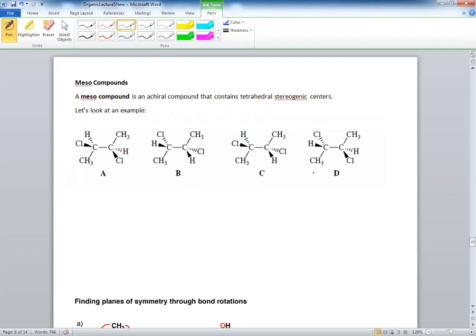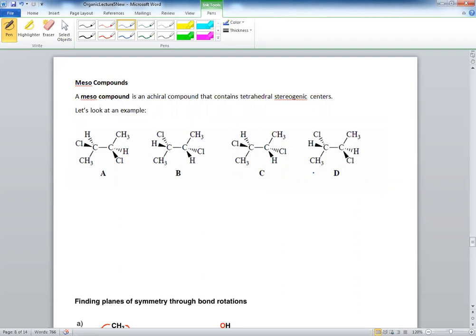Students sometimes pin it down to that: anything that has stereogenic centers will be chiral. Not always true. One of those stereoisomers will be achiral because there's a plane of symmetry. So the plane of symmetry trumps that for this meso compound.